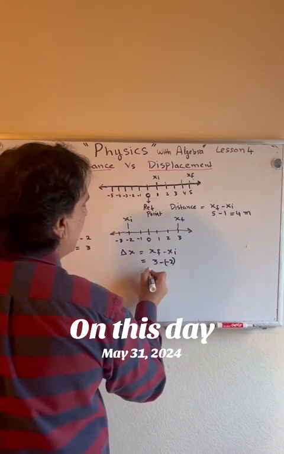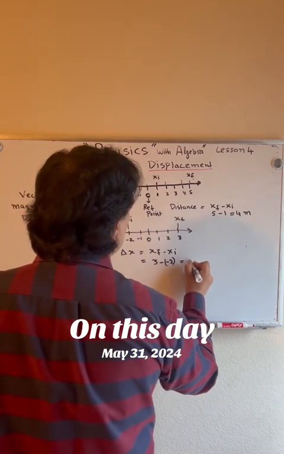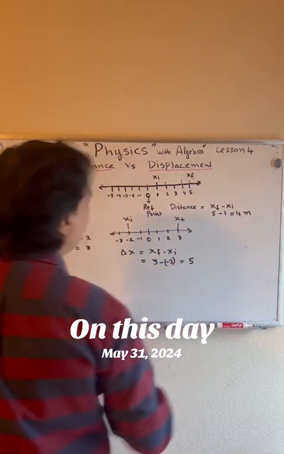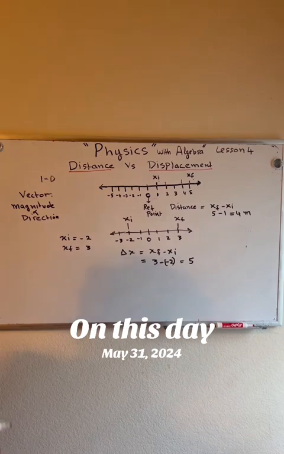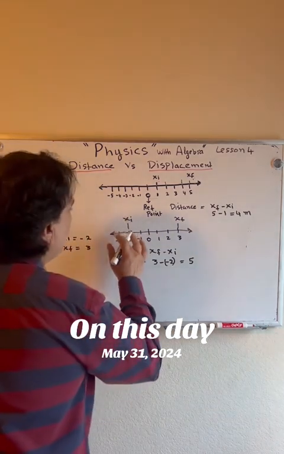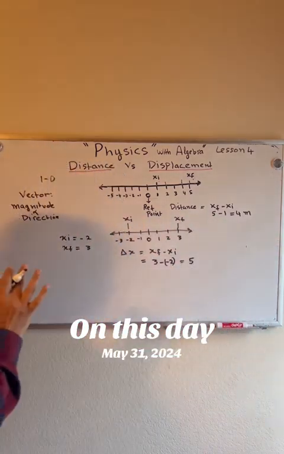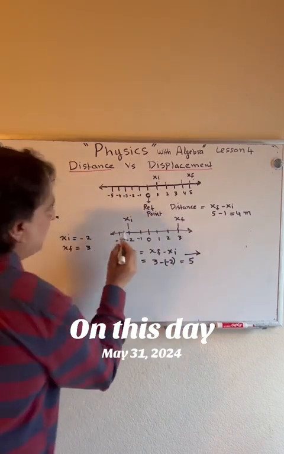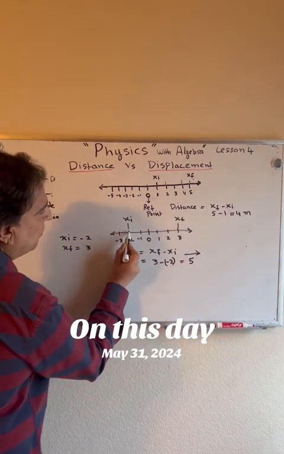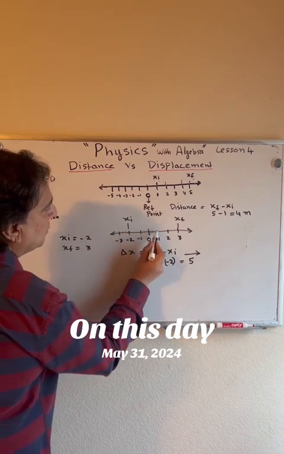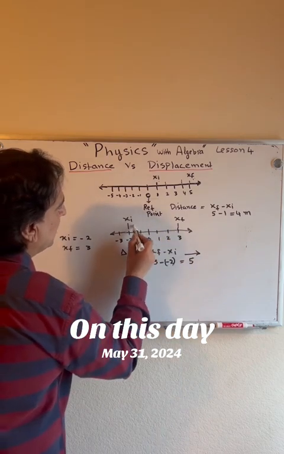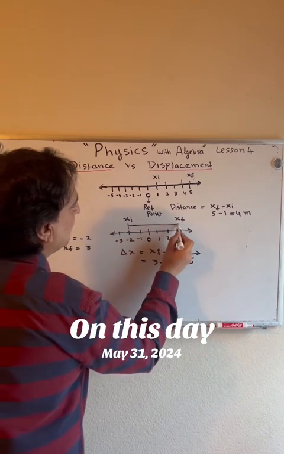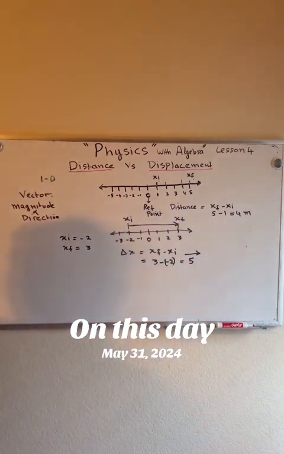So minus cancels minus, this becomes 5, okay? So delta x is 5. What this is telling me is that I have traveled 5 units from left to right. It's telling me the direction is this right here, okay? Because if you think about it, you start from here, 1 unit, 2 unit, 3 unit, 4 unit, 5 unit. So then I can say I'm going in this direction, all right?